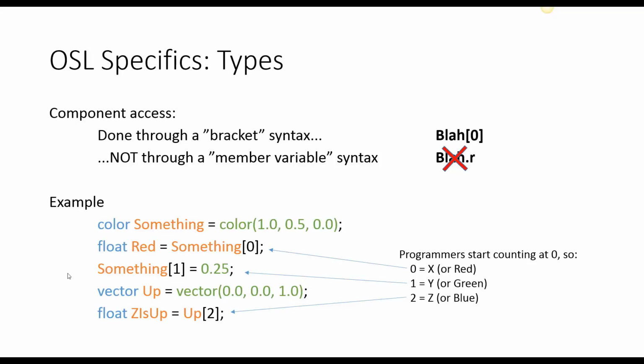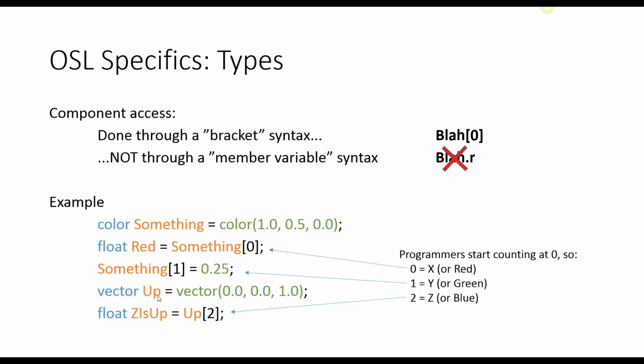We can also use that on the other side of the equal sign. So here we're assigning to something bracket 1, which is the green component, the value 0.25. So it used to be 0.5, but from this line on we changed that to 0.25.